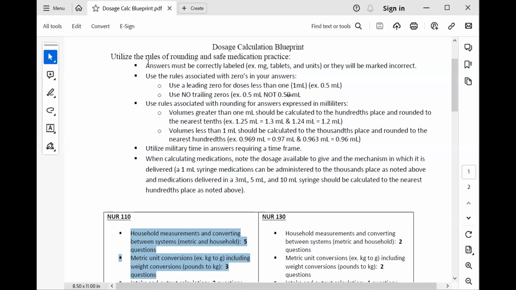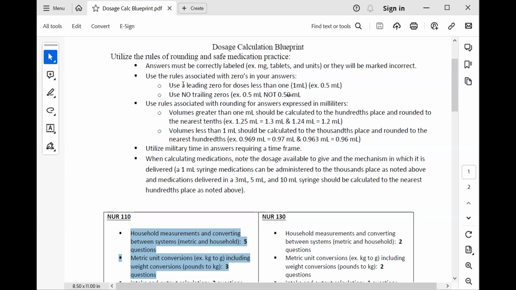So just make sure you read the directions before you hit that final submit button and that you are following the directions. If it tells you to include your units, include your units. If you're taking a paper test, include your units. Okay. So if your answer is 5 milligrams, 2 tablets, or 30 units, just make sure you mark those correctly.